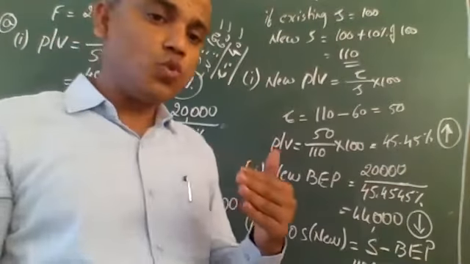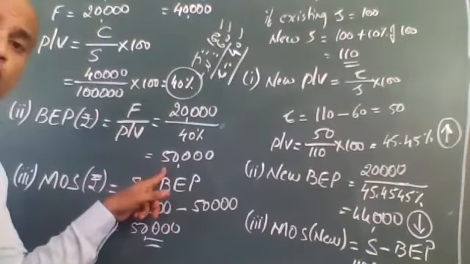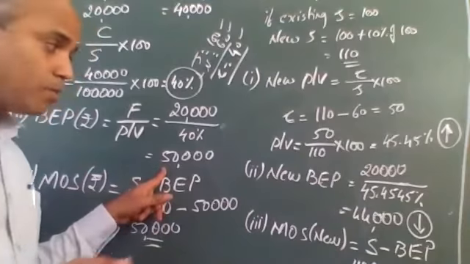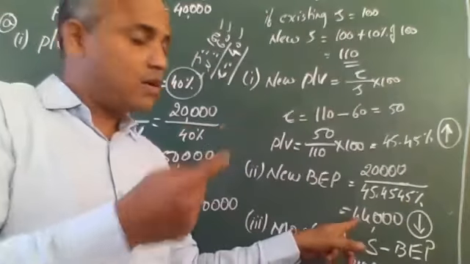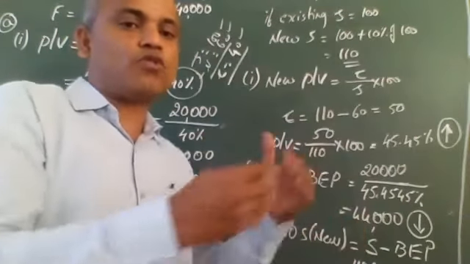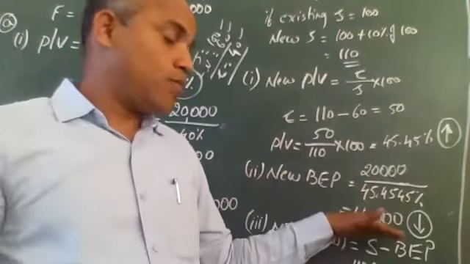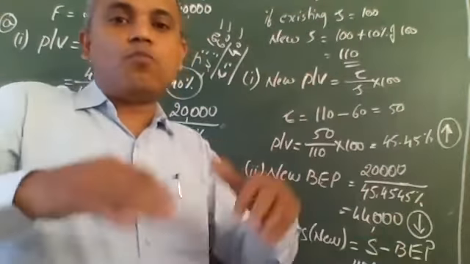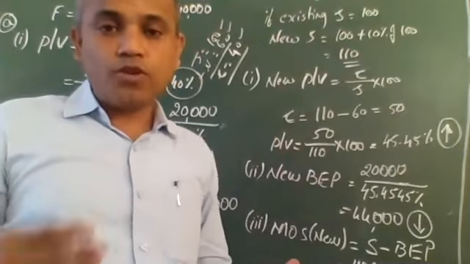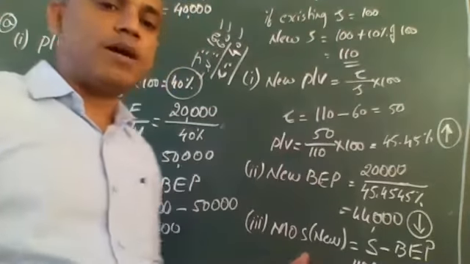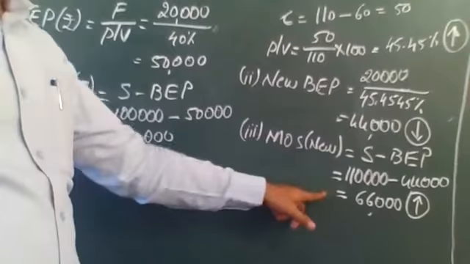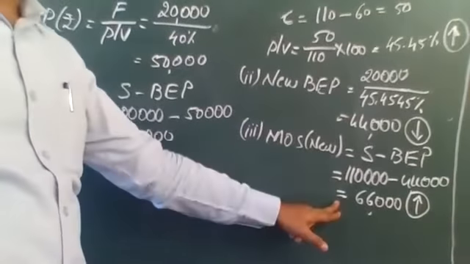Earlier you reached the break-even point only when you sold 50,000 rupees. But now, because of the increased price, you are achieving that point with just 44,000 of sales. So my break-even point comes down. Therefore, you are more in the safety zone. Therefore, my margin of safety has increased from 50,000 to 66,000.